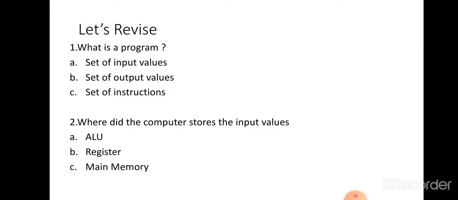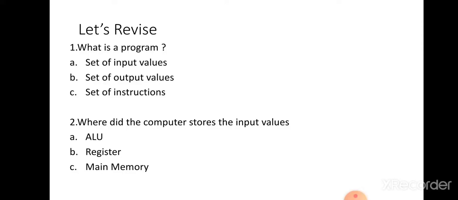Set of input values and set of output values are basically a part of the instructions of a program. So A and B, both options, are wrong. C is the right option, set of instructions. We have to write a set of instructions so that the computer can understand the language, take the input and give the desired output.